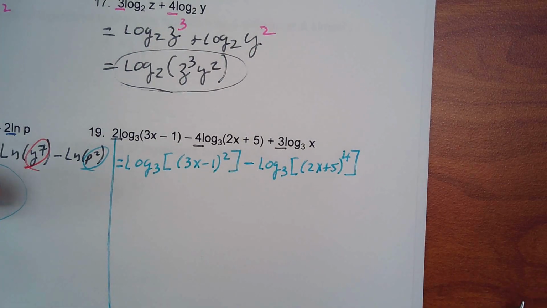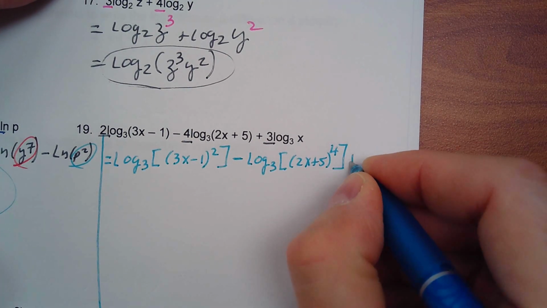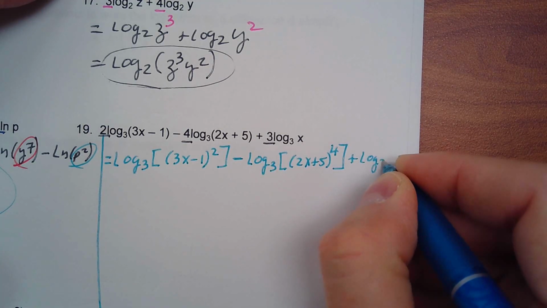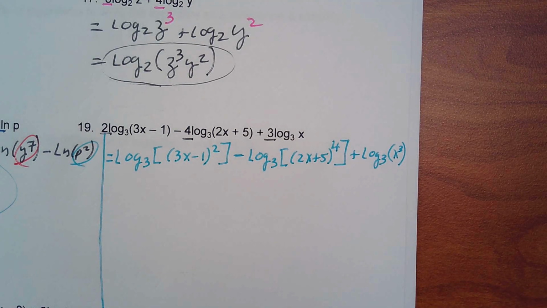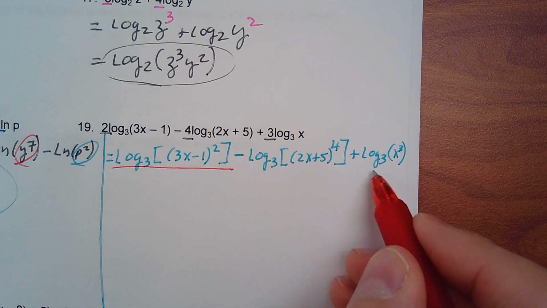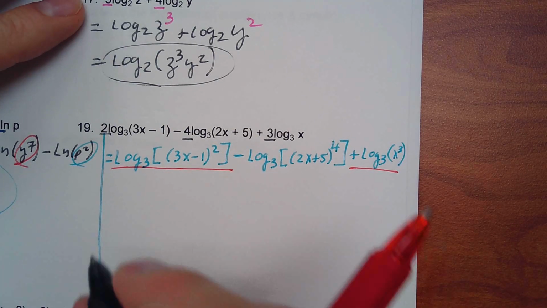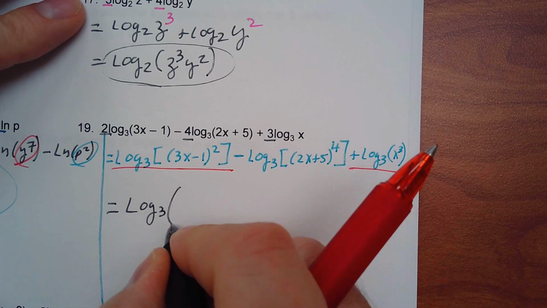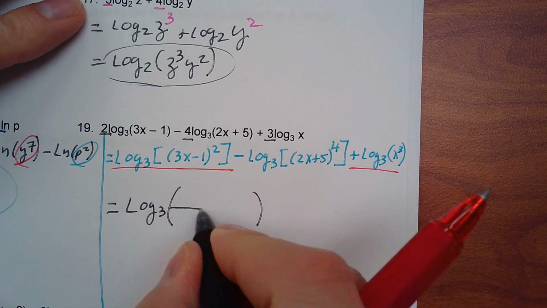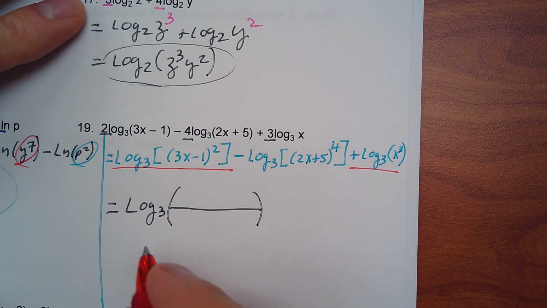And then the last one would be plus log base 3 of x cubed. Now this one's a positive log and that's a positive log, so those factors are going to go in the numerator. And I'll tell you what, I'm going to go ahead and put that x cubed in front, just to make it a little easier to read.